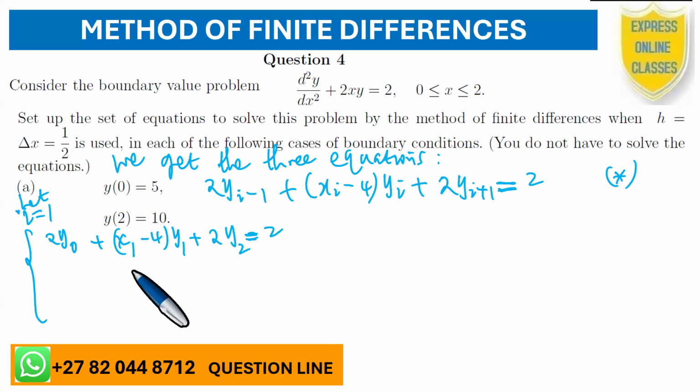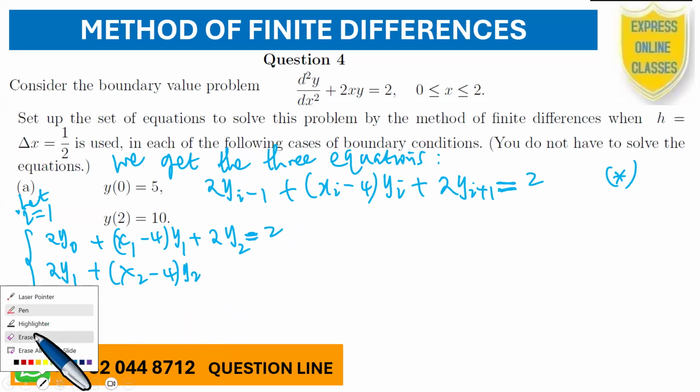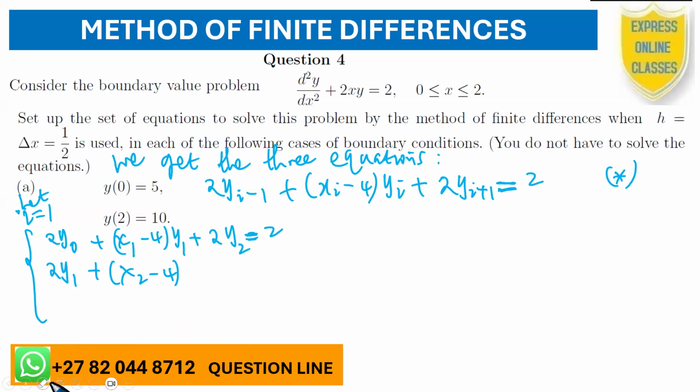Next, now we're going to put our i equals 2.